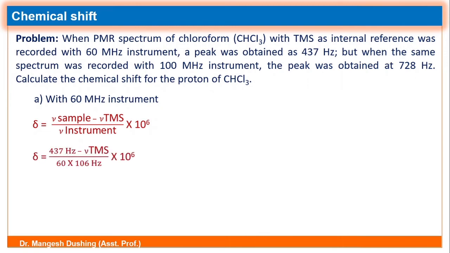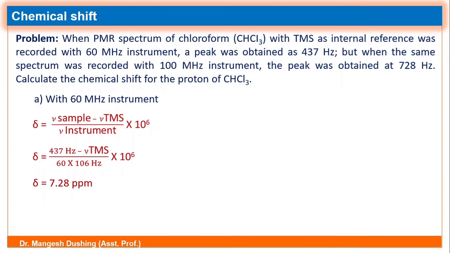So the sample absorbs at 437 Hz minus frequency of TMS, that is 0, divided by 60 times 10 raised to 6 Hz, because 60 MHz is equal to 60 times 10 raised to 6 Hz. That's why we are writing 60 times 10 raised to 6 Hz. So the answer will be 7.28 ppm. Delta is equal to 7.28 ppm.